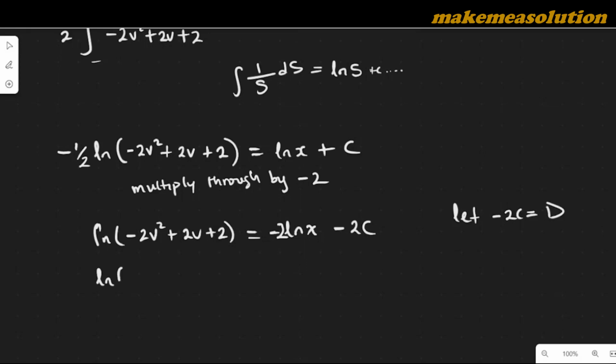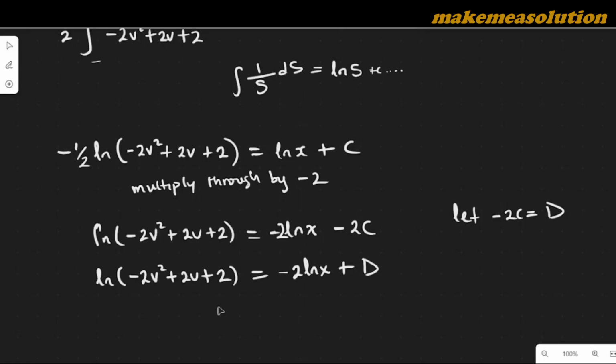So ln minus 2v squared plus 2v plus 2 is equal to negative 2 ln x plus, let's just call this one plus d for instance.